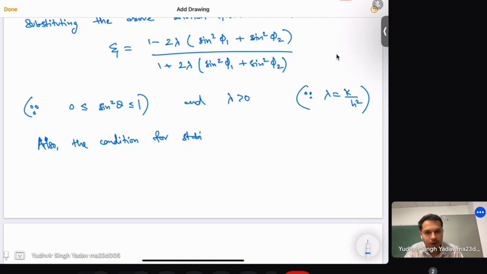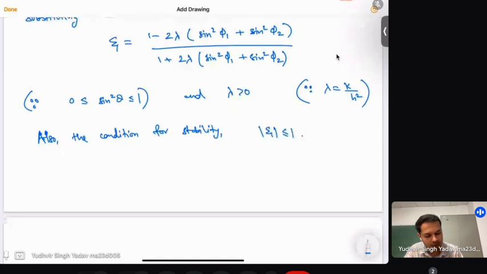In the above xi, we have 1 plus 2 lambda times sine square psi 1 plus sine square psi 2 in the denominator. So the denominator is always greater than the numerator.